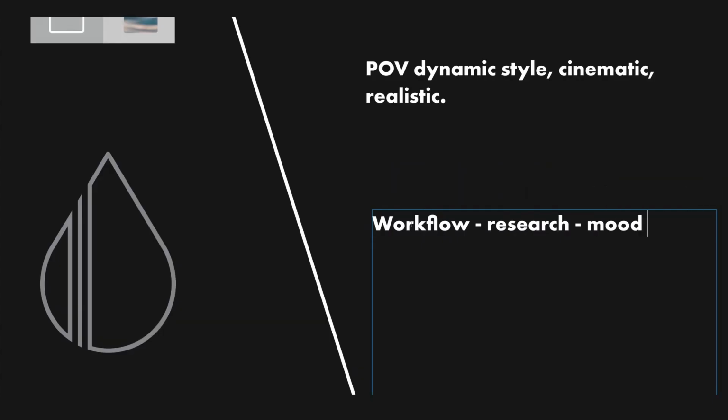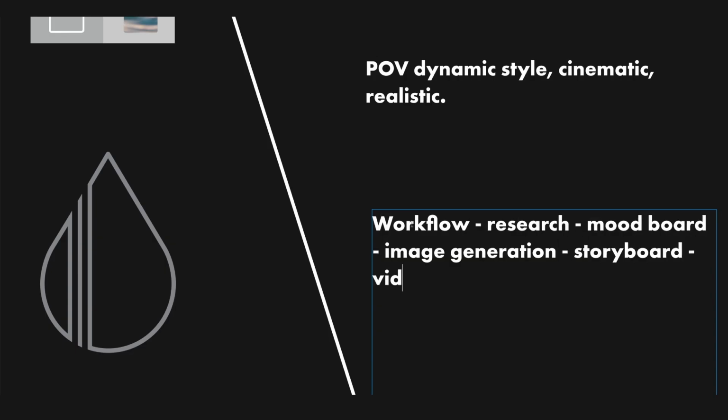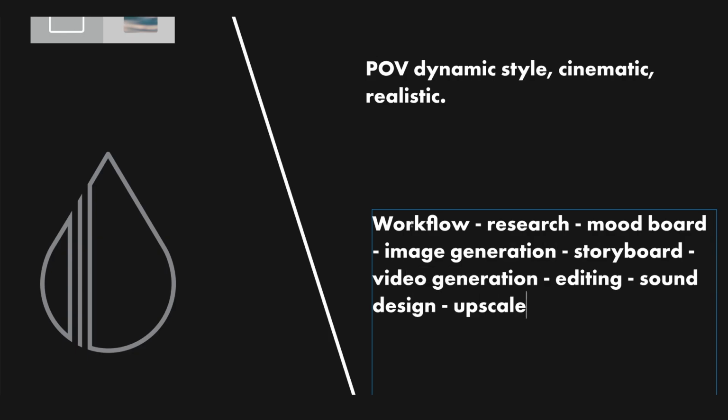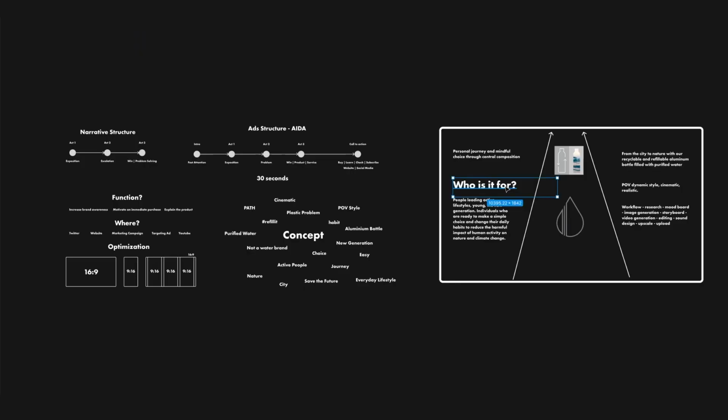Next, we'll focus on creating the storyboard by generating images in Midjourney, then turn those into a video using Runway. After that, we'll do the editing and graphics in After Effects, sound design in Premiere Pro, add the final touches, and we're all set. Now we can focus on creating the visual assets for the upcoming video.